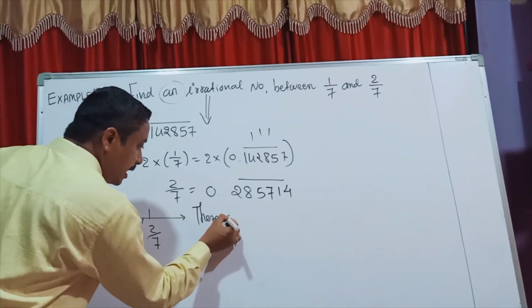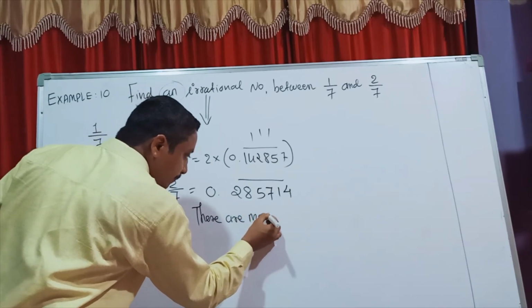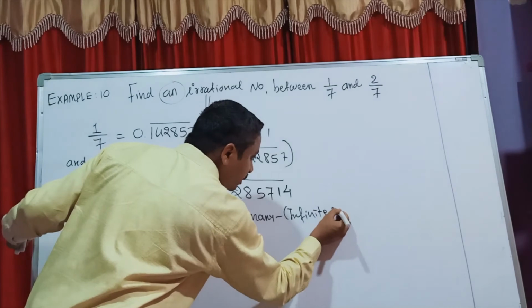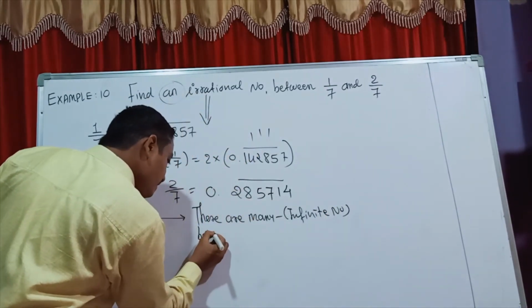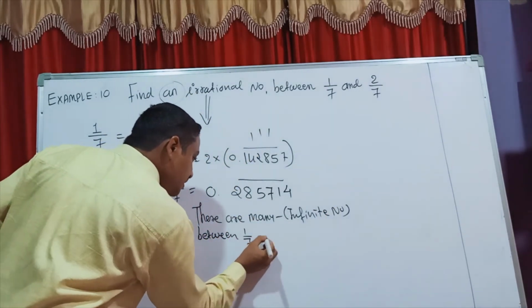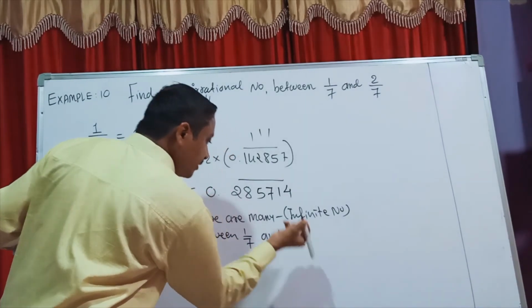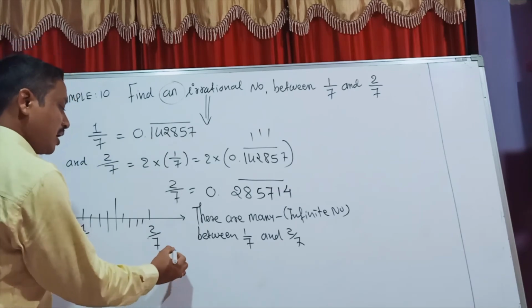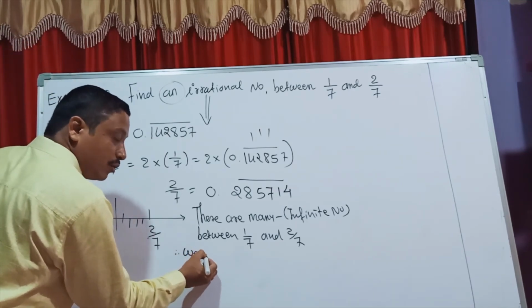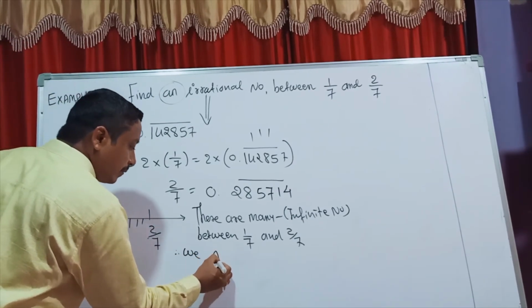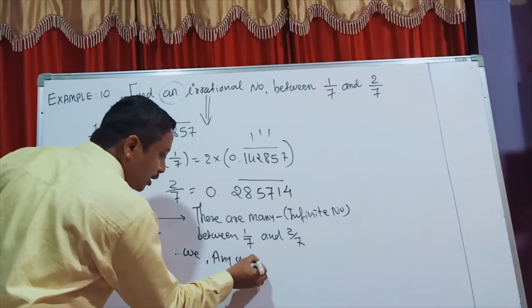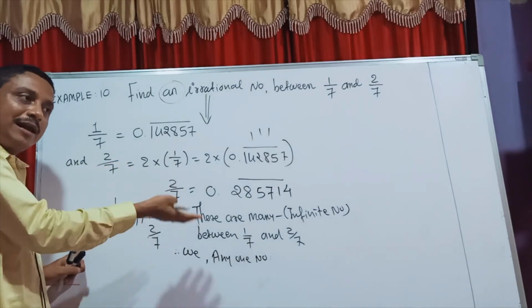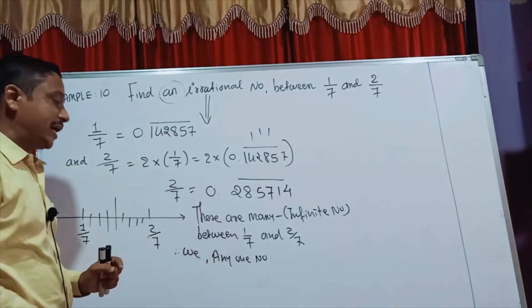So just I mention there are many, means infinite numbers between 1 by 7 and 2 by 7. That's the sure. I want any one number. So we write down any one number. More than 0.14 but less than 0.28.